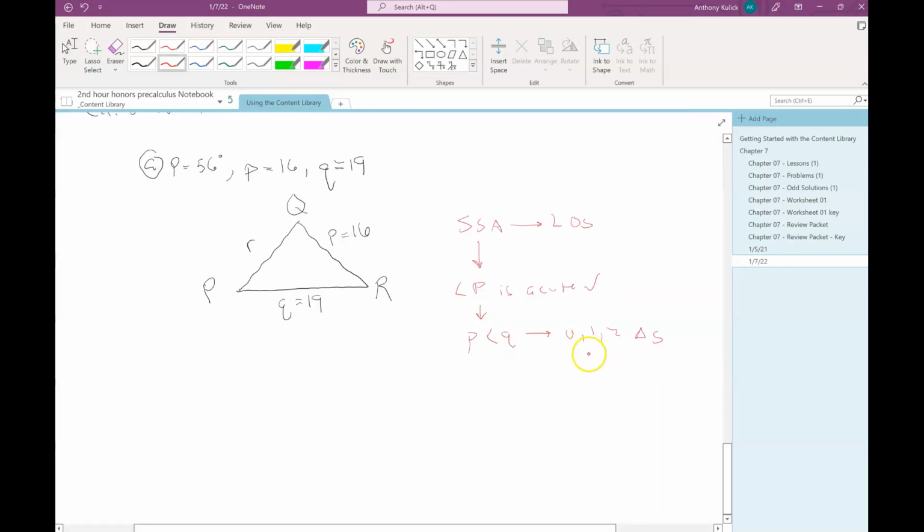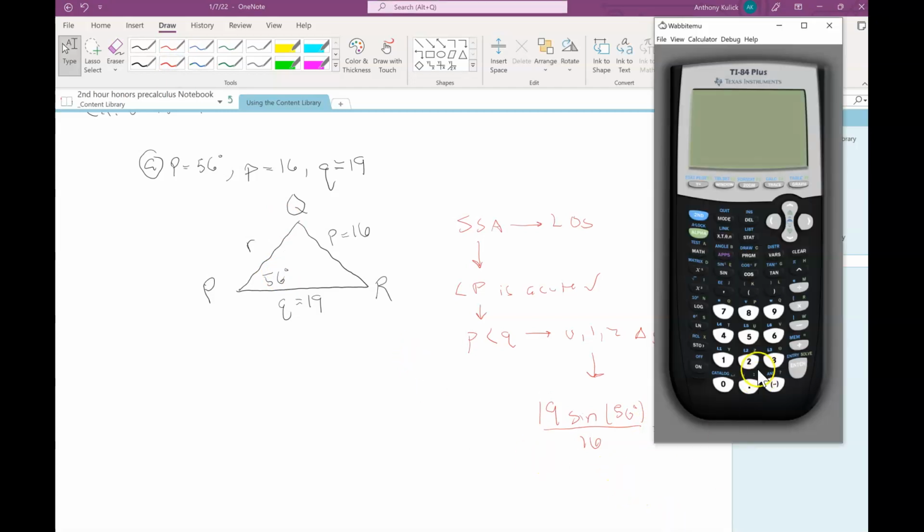Okay, let's figure out whether we should be looking for 0, 1, or 2 triangles then. So I have the longer side times sine of the given angle divided by the shorter side. I didn't write the 56 in here, so I'll go type that into my calculator. What mode should my calculator be in to do this? Degree, very good. How do you know it should be degrees? Because the angles are in degrees.